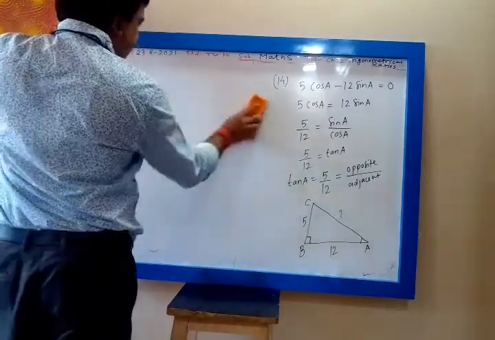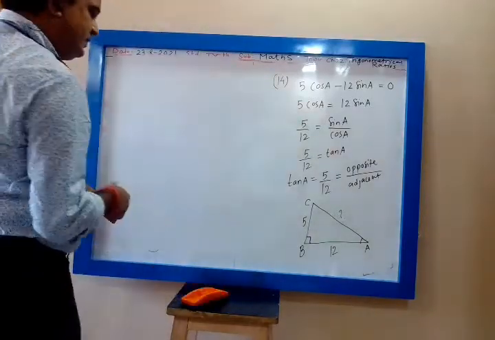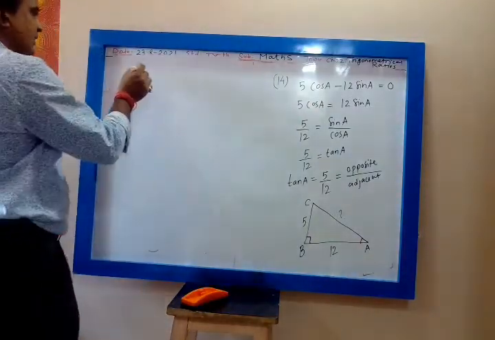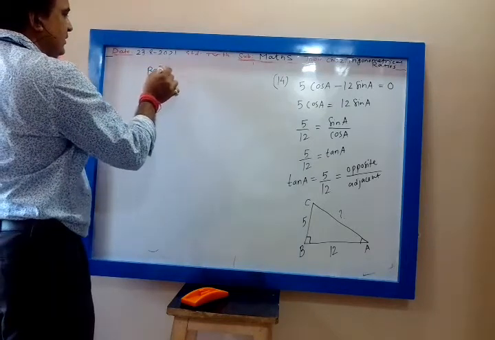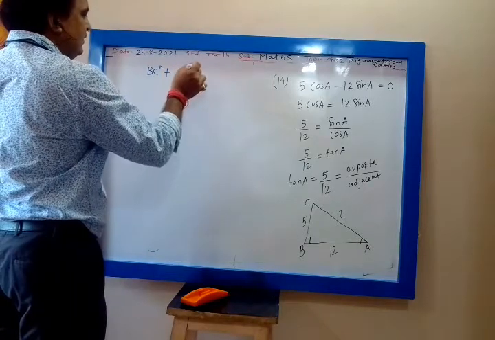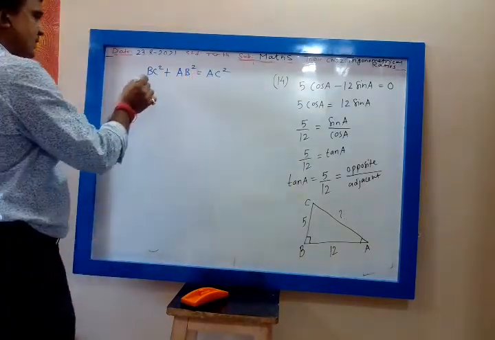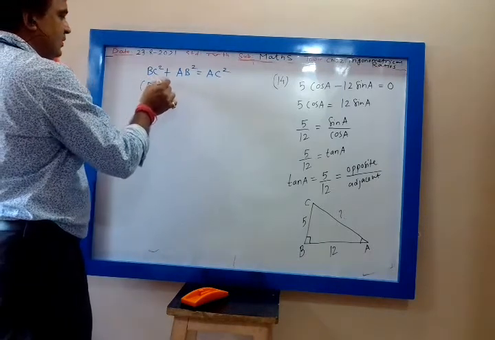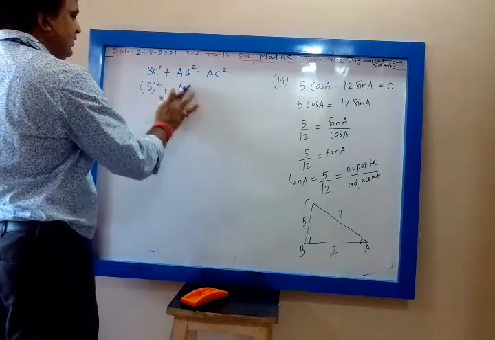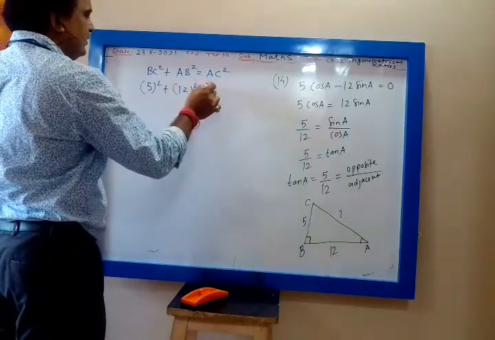Use Pythagoras theorem and find 13. Yes. So by Pythagoras theorem, BC square plus AB square is AC square. So BC is given 5, 5 square plus AB is given 12, 12 square is equal to AC square.